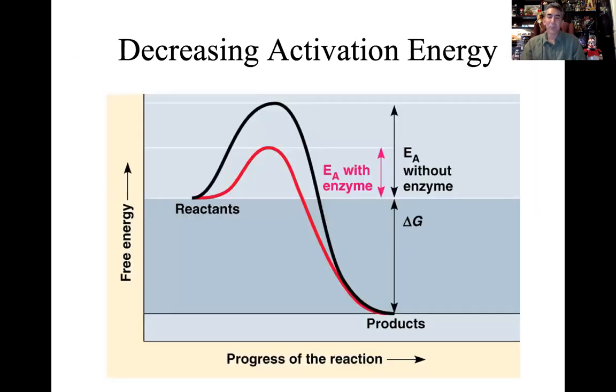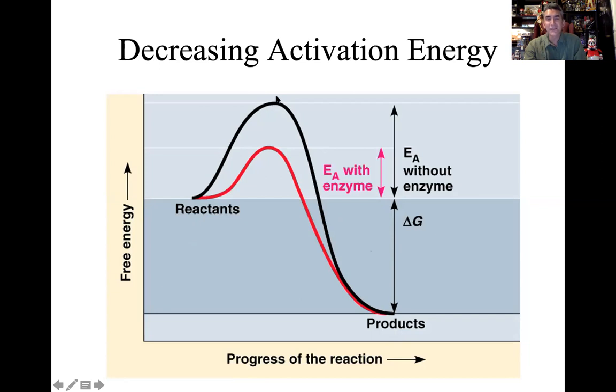So, boring chemistry graph, boring physics graph here. If we look at the black curve, this black curve represents the reaction from reactants to products, a decrease in energy. But before we get to the product, before we transform, before we change, we have to overcome this activation energy. We've got to get up to here.